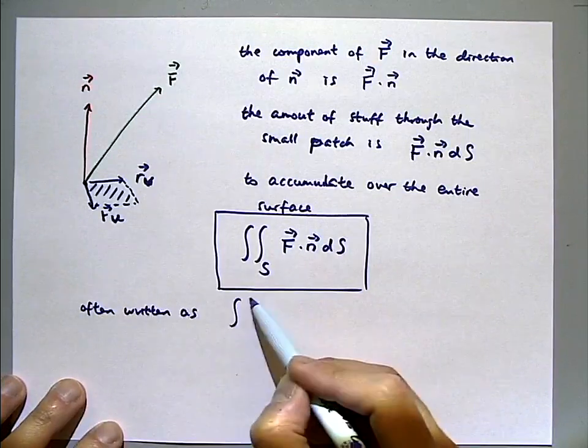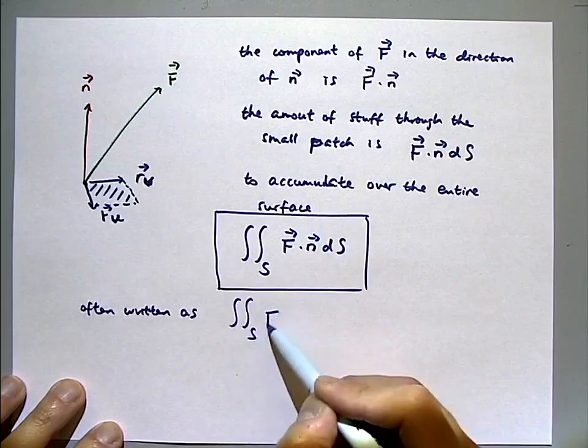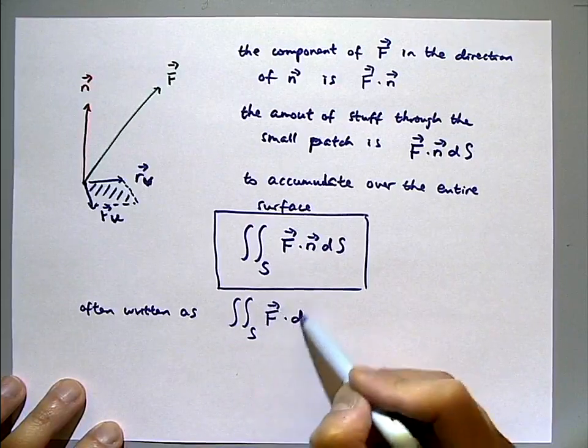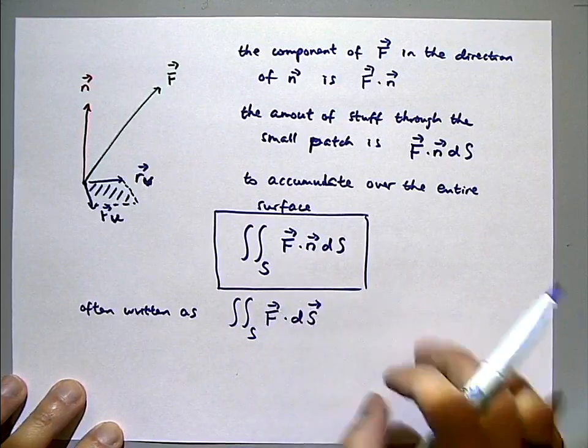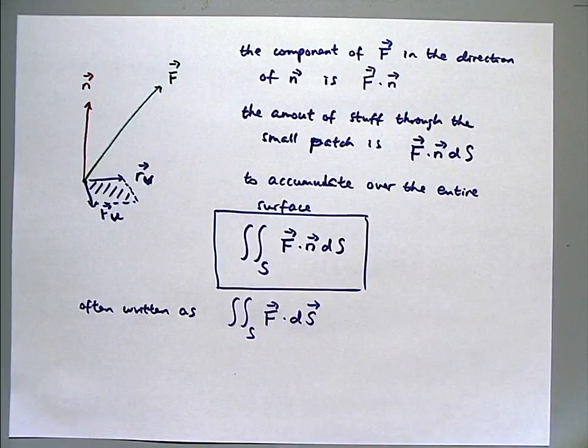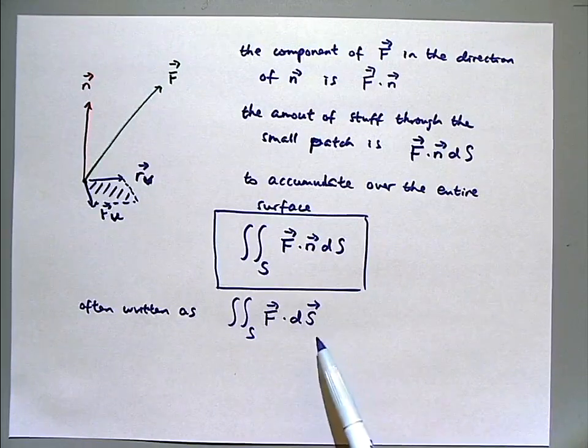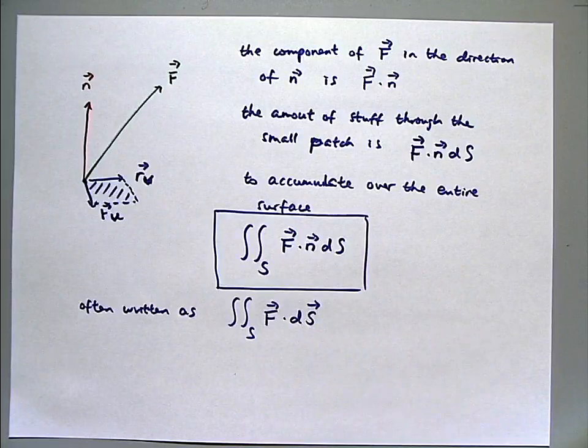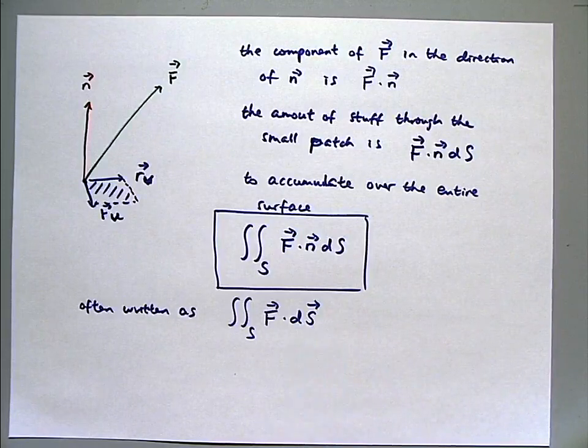This is often written in a more compact notation. Sometimes you see this written as F dot dS, with a big S with an arrow over it. Even though the surface is not a vector, because we're orienting that surface in some way, we treat it kind of like a vector. It has an orientation, so we give it a vector kind of direction.